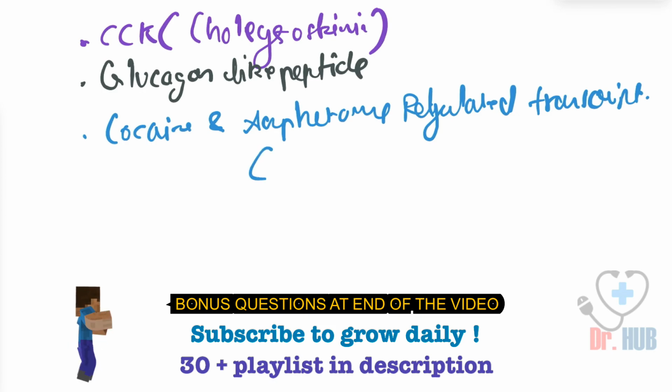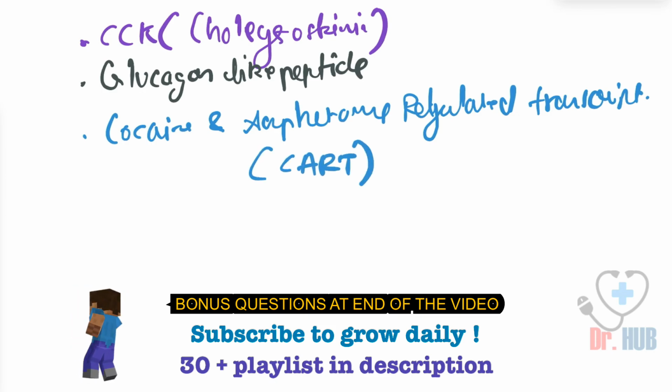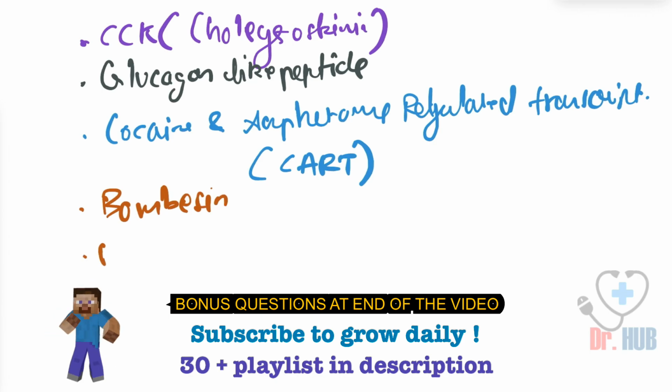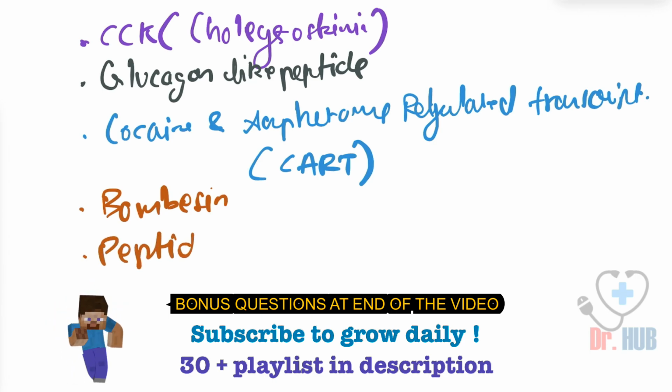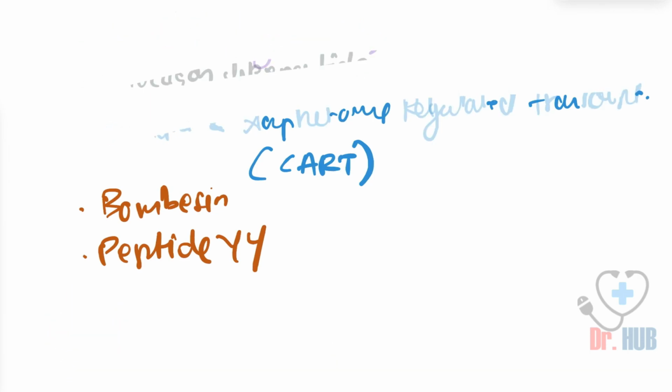In short, it is known as the CART. Post this, there is also the bombesin and also the peptide YY. So now we are going to jump and answer our questions.